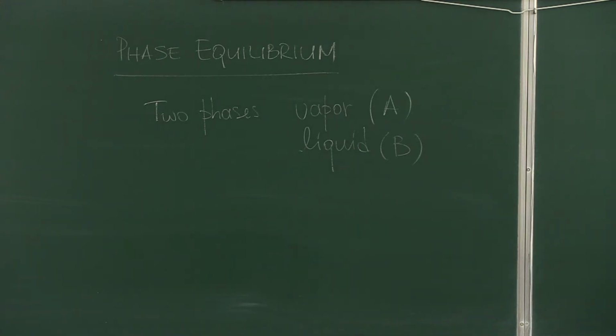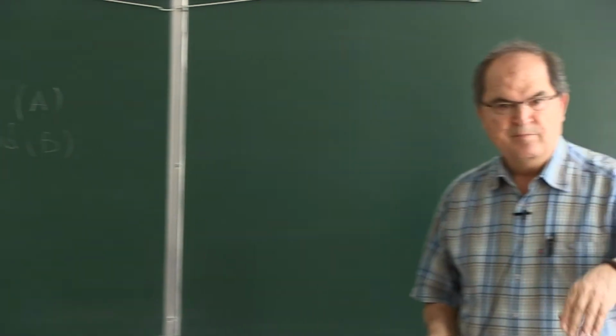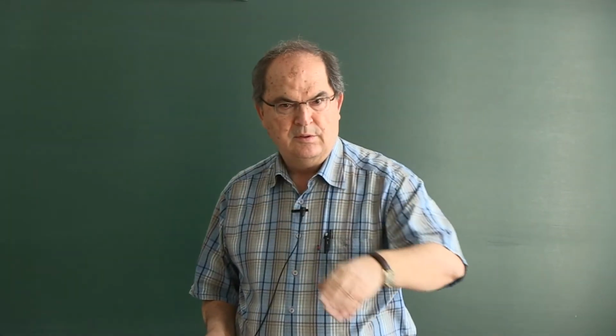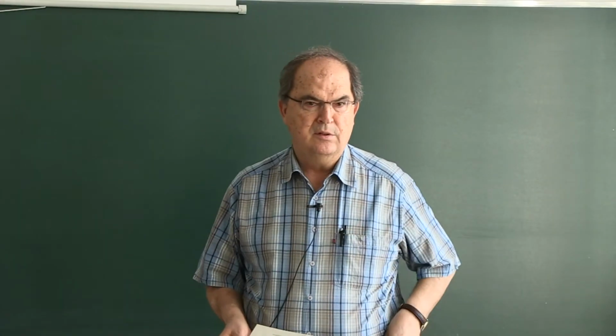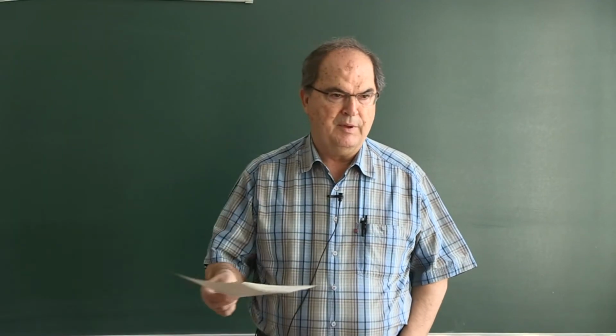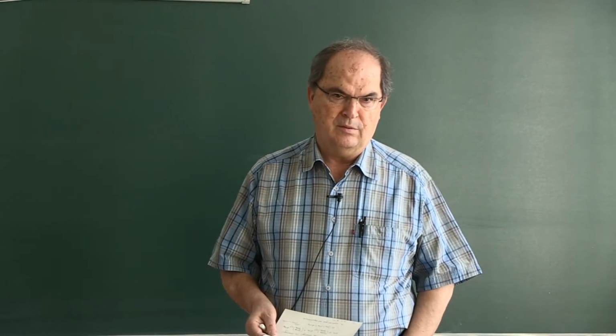Coexistence means phase boundaries. If you look at the phase diagram, you see that two phases may be separated by a curve. So what is the condition for having a phase equilibrium on that curve?